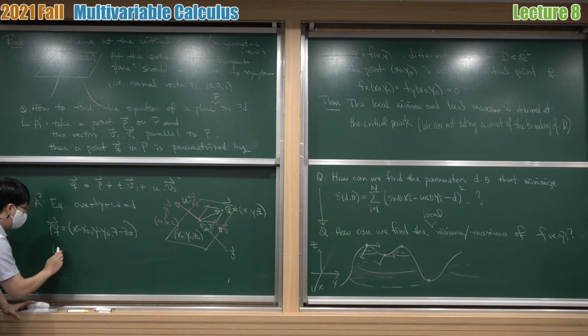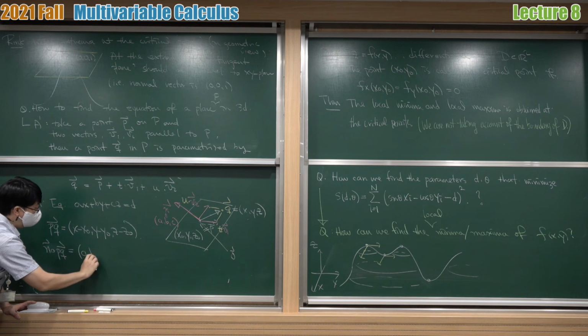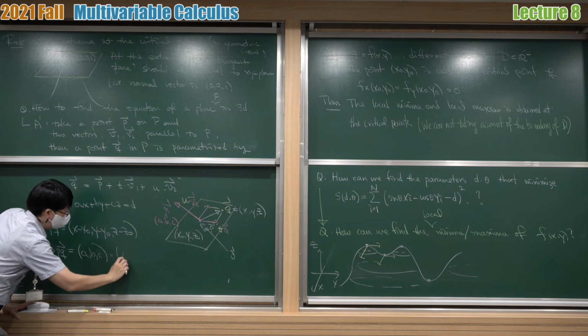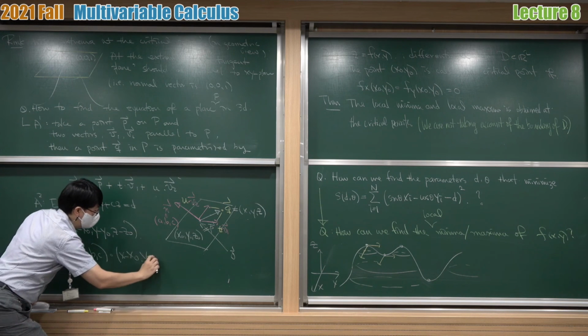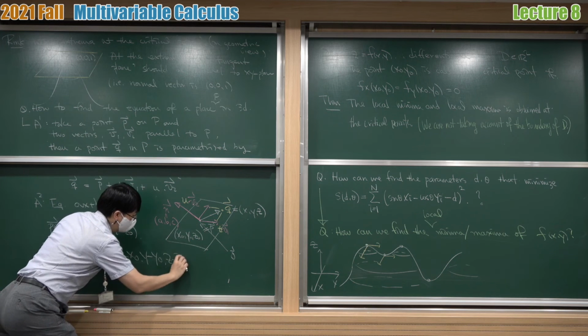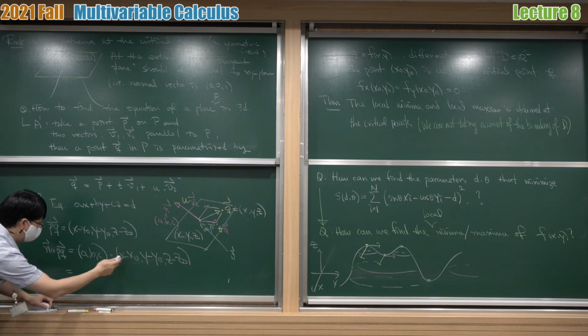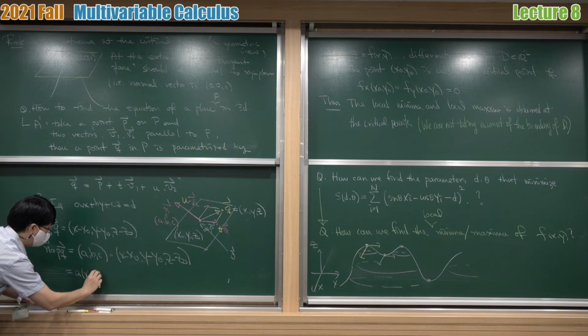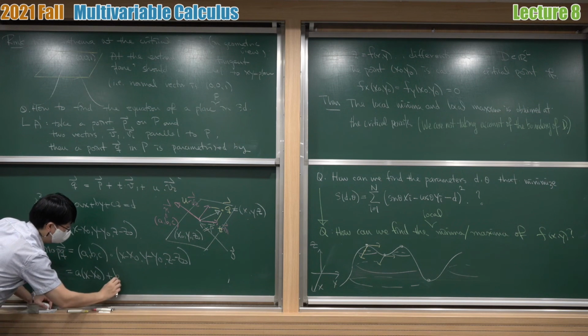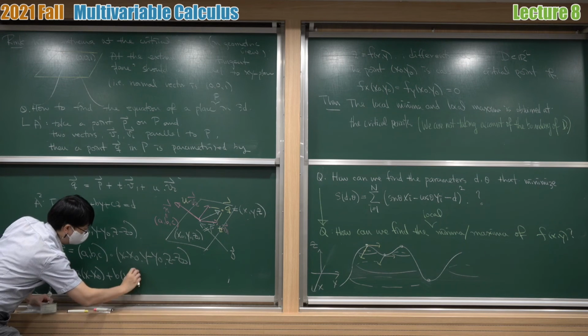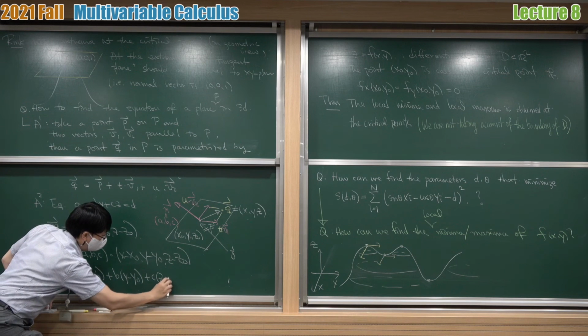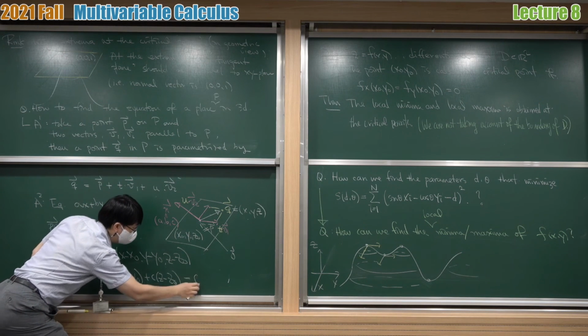So n inner product PQ, which is (a, b, c) dot (x minus x0, y minus y0, z minus z0), equals 0. Let's compute this: a(x minus x0) plus b(y minus y0) plus c(z minus z0) equals 0.